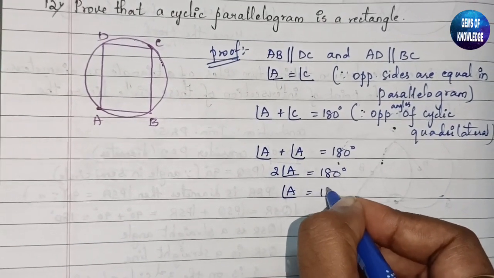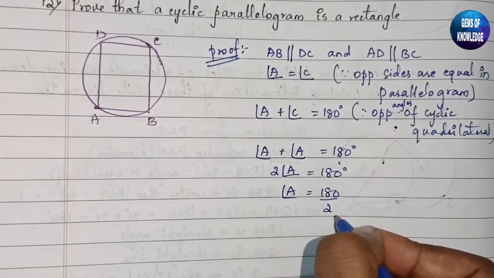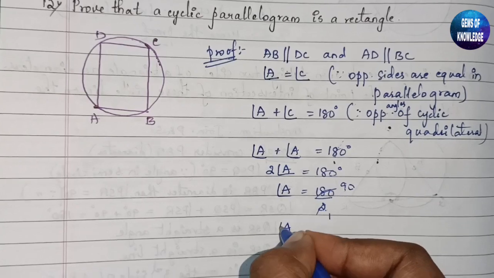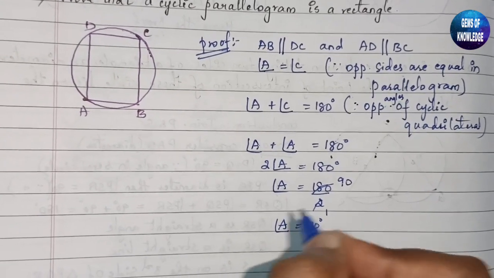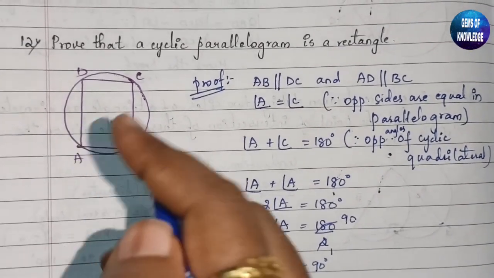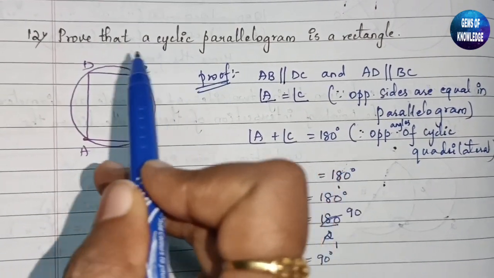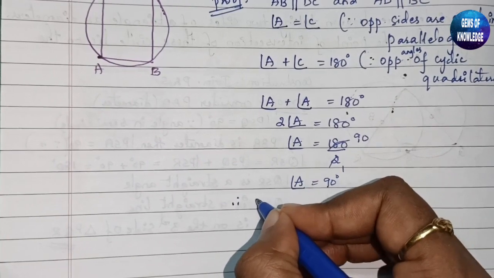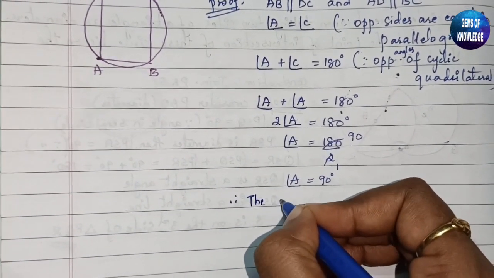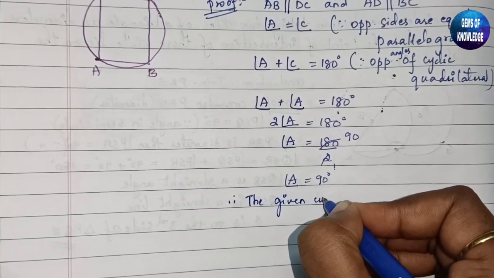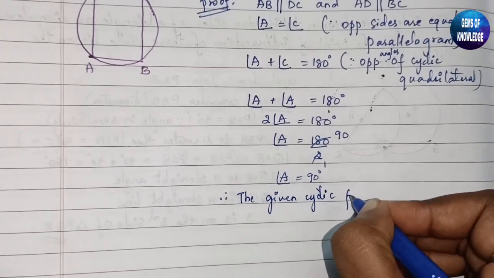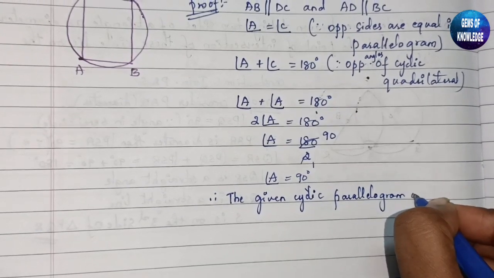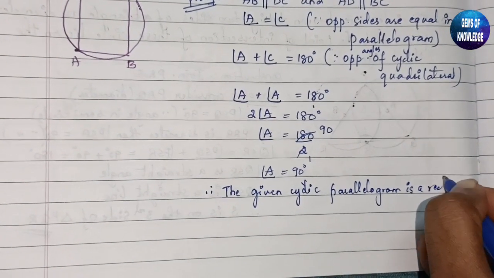Therefore angle A is equal to 180 by 2, which is 90 degrees. So therefore we can say that the given cyclic parallelogram is a rectangle.